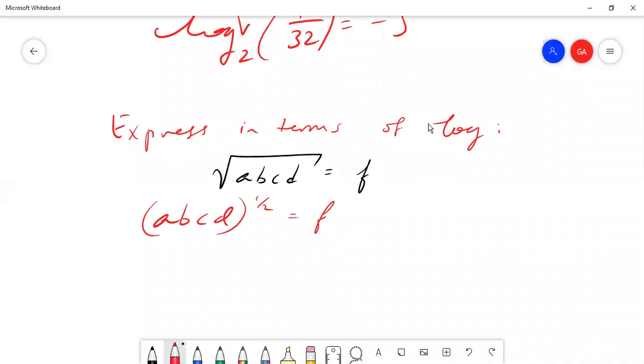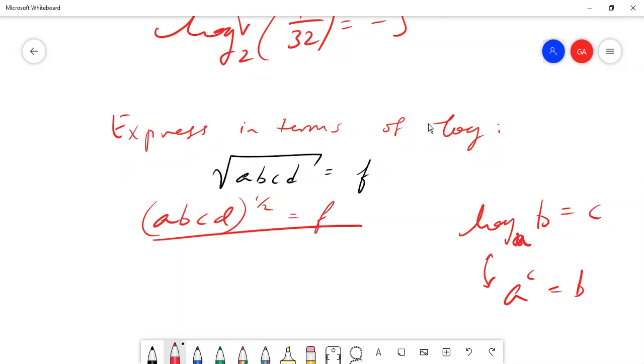Okay. Now, how would I write this? Now we have our nice old form of log base, I don't know which letters I used earlier, but this was the form of our log. And so I'm using different letters here than I used earlier. But see how this is in this form? ABCD to the 1/2 is F. Well, here's our ABCD. Sorry, the letters are the same, but this is our A here.